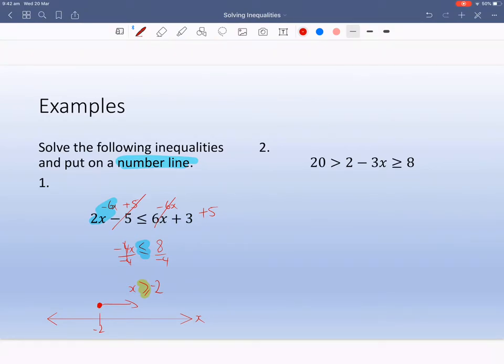Now, we can go back to the original one and just test it. Test a value that's greater than. Let's test 0, okay? So I'm going to test 0 because 0 will be around here, which is greater than minus 2. So that will become 0. That will become 0. So we're left with minus 5 is less than or equal to 3.